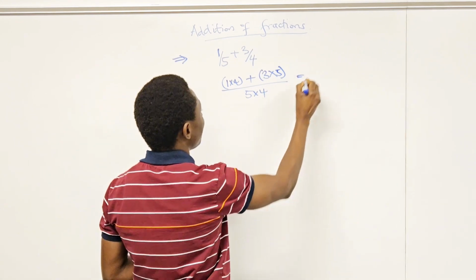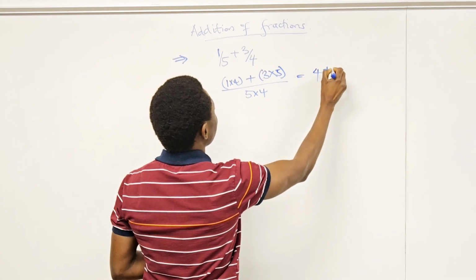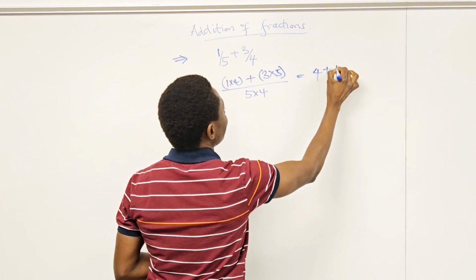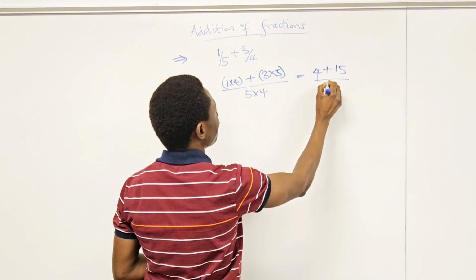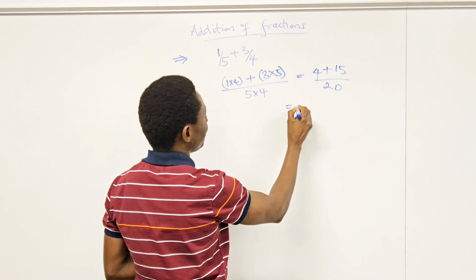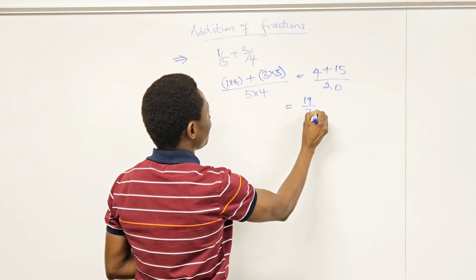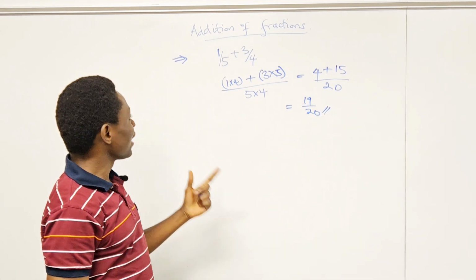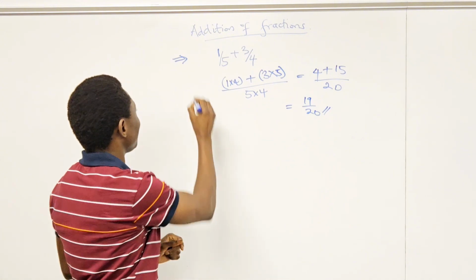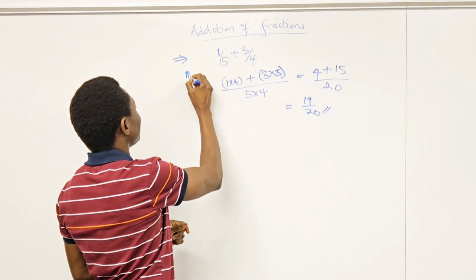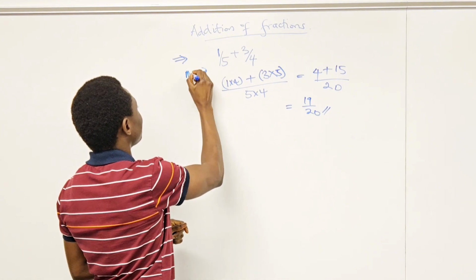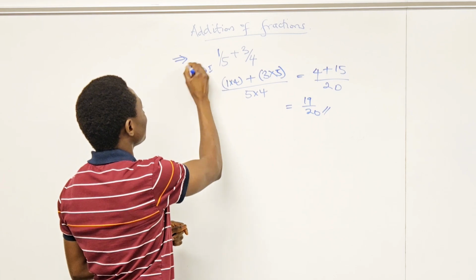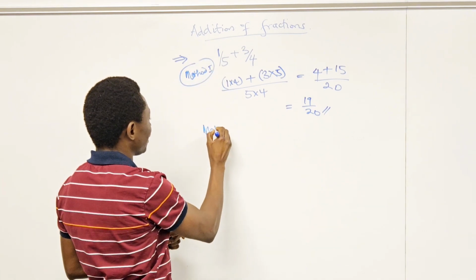So this will be 4 plus 3 times 5, 15, everything over 20, right? So this is 19 over 20. That's one approach. Let's call this method 1, and let's call this method 2.